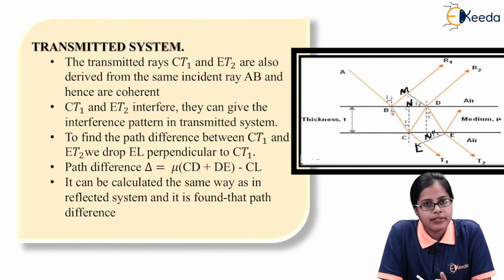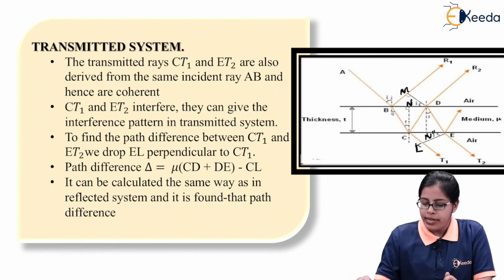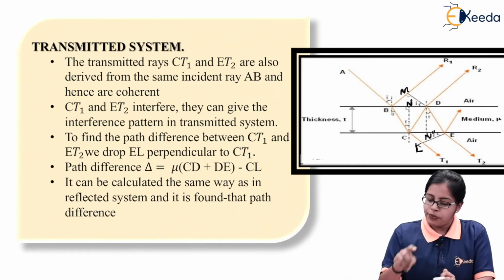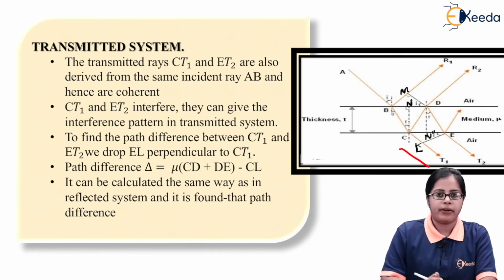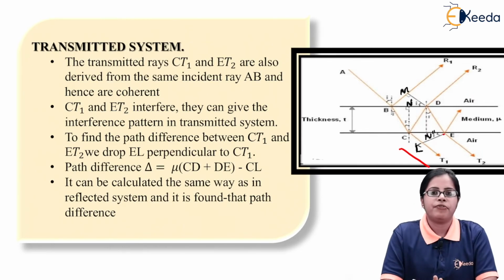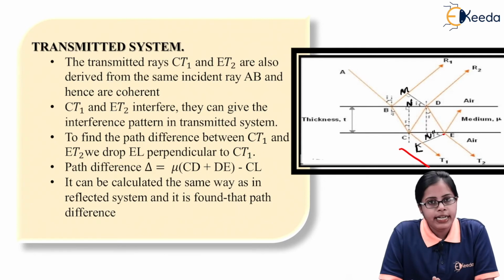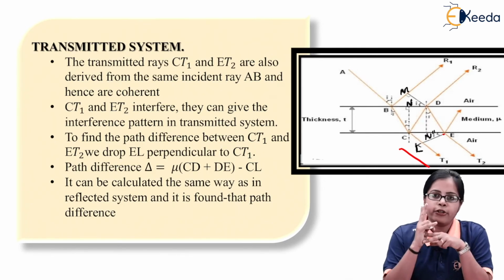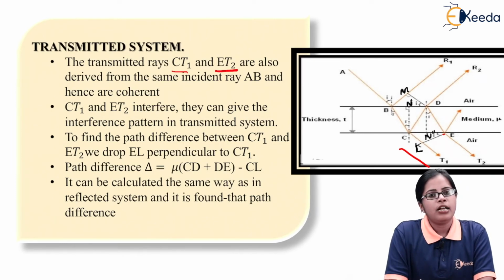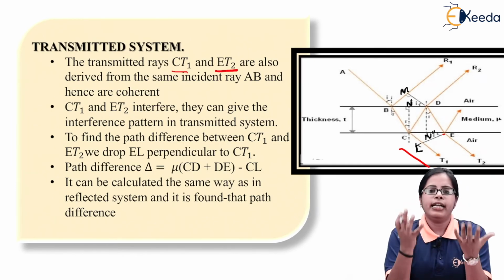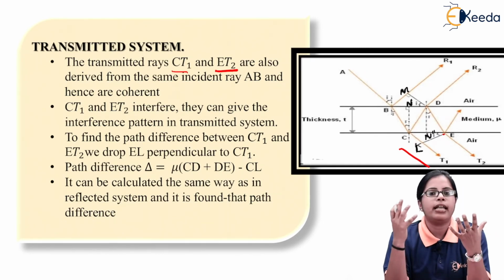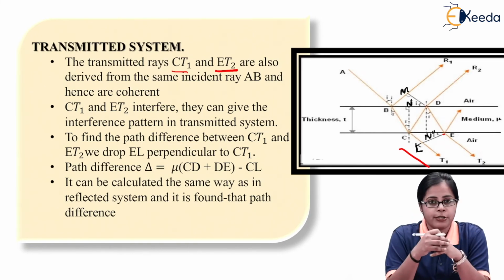Now what we mean by the transmitted system is that from point B to C, the transmitted ray is further moving along CT1, and after point E, the ray is again moving further in the air medium along ET2. So we have ultimately two transmitted rays, CT1 and ET2. Now we again try to overlap these two rays, CT1 and ET2, which are behaving as transmitted rays.